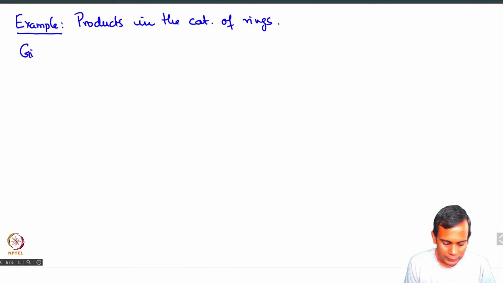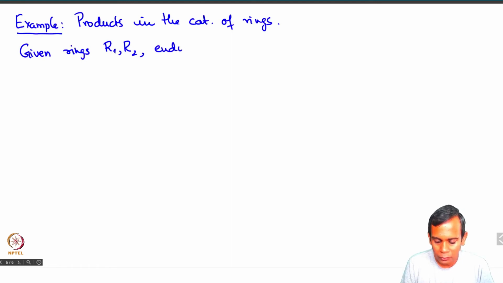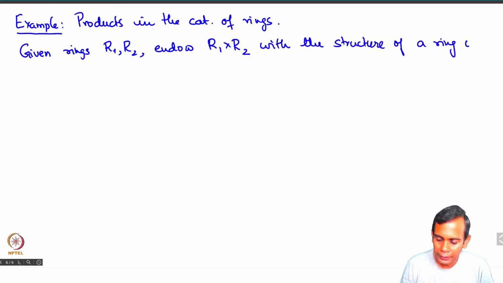So given two rings R1 and R2, you can take the Cartesian product R1 cross R2 and endow it with the structure of a ring using component-wise addition and multiplication.